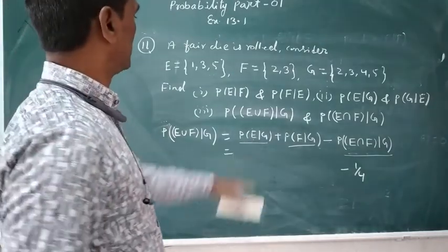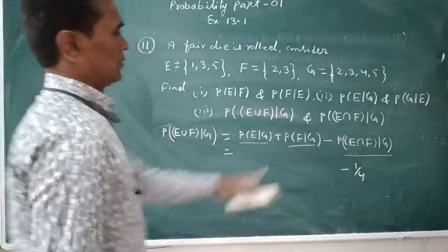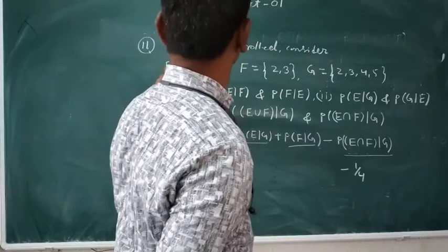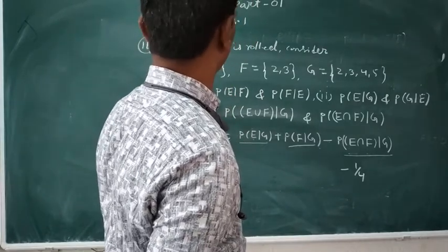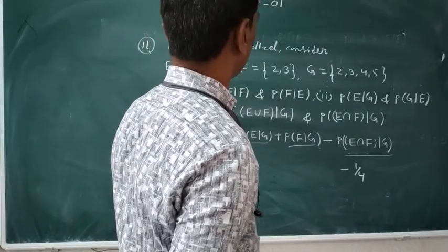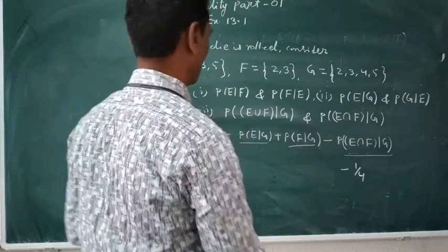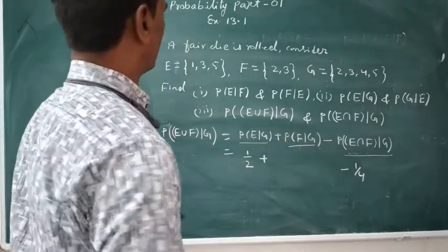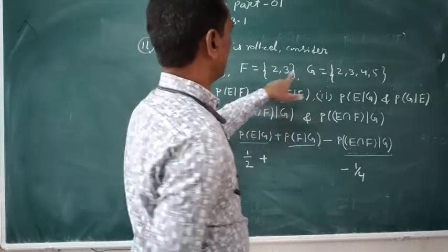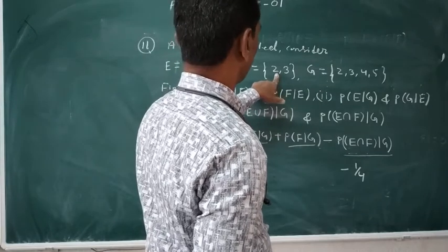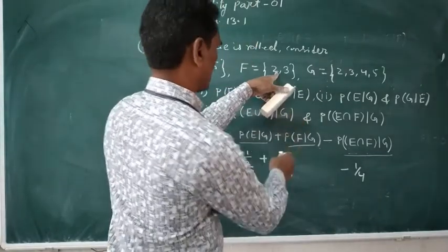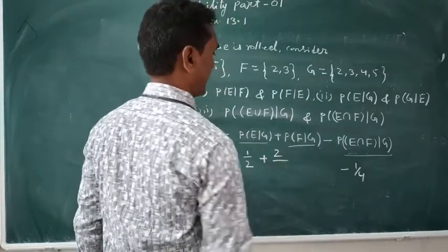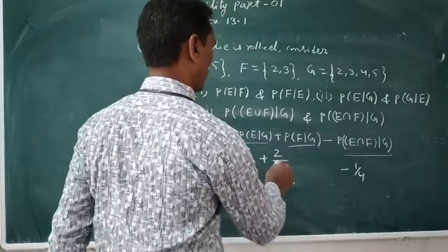And E given G, this is the part E intersection G, that is 3 and 5. So 2 by 4, 1 by 2. This is 1 by 2, plus the FG intersection is 2, 3. So the intersection will be 2, 3. That means 2 and G 4, 1 by 2.